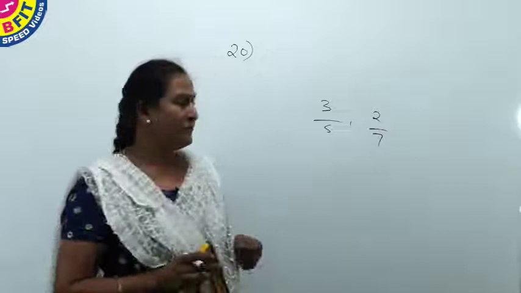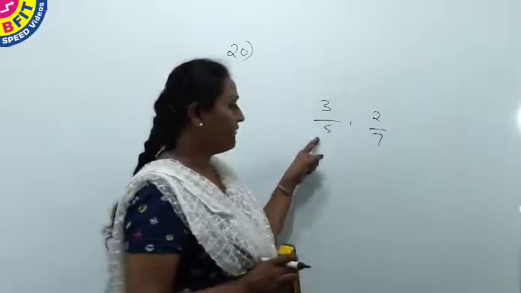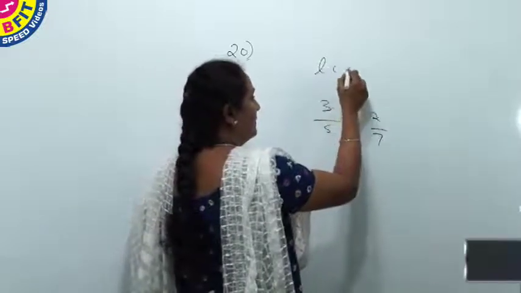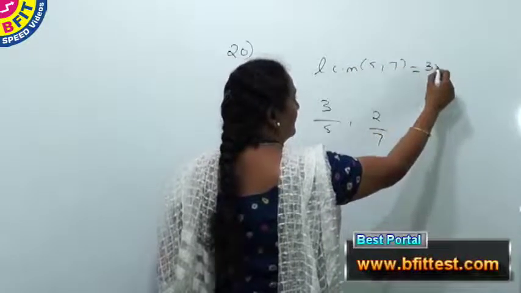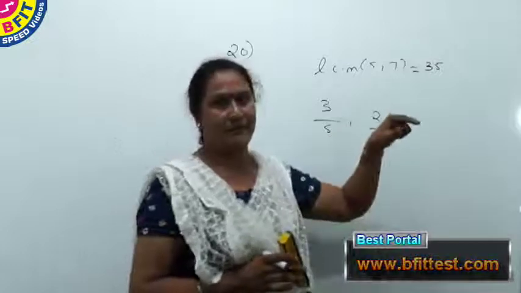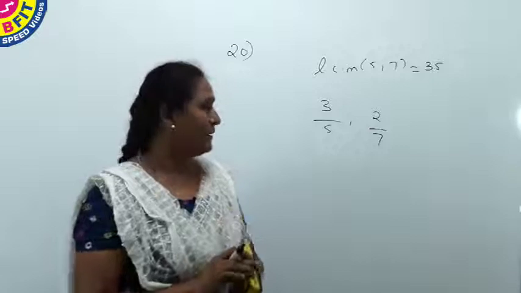The easier working will be to take the LCM of the denominators. Here we have 5 and 7, so take the LCM of 5 and 7, which is equal to 35. So assuming that the book contains 35 pages, it will be easier to do the working in less time.